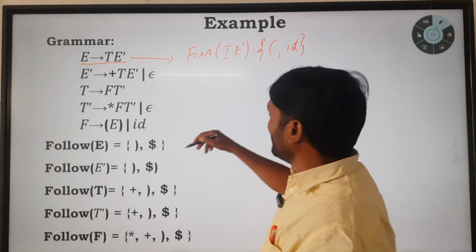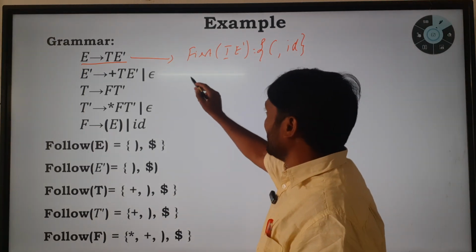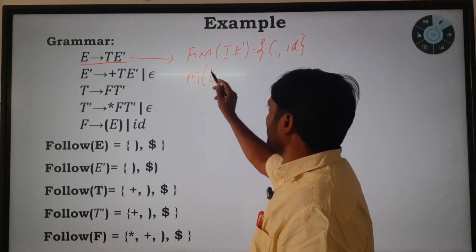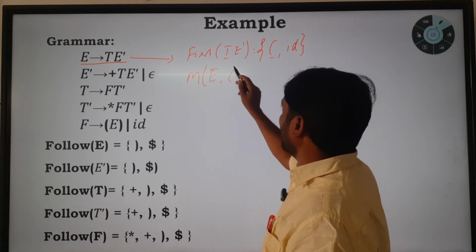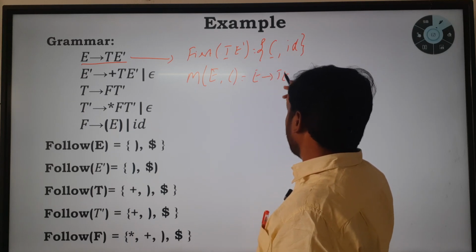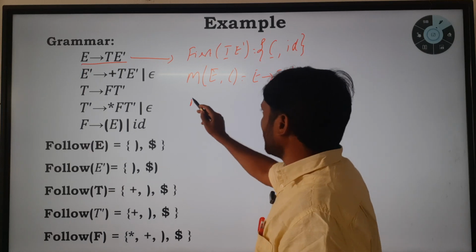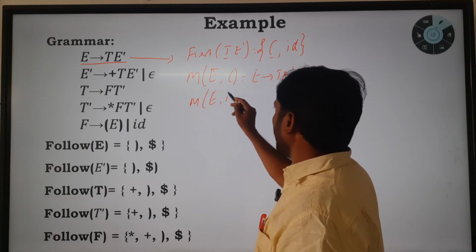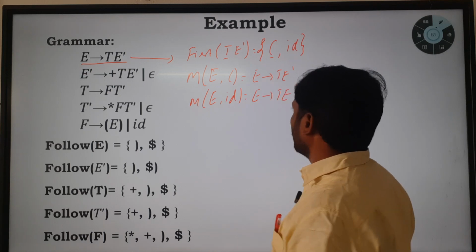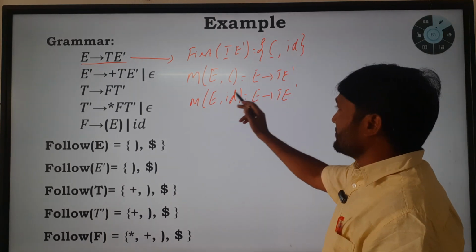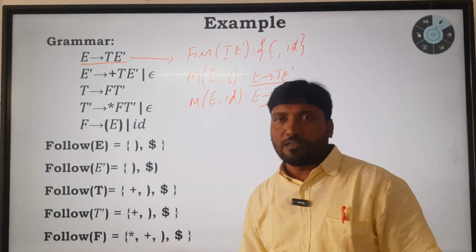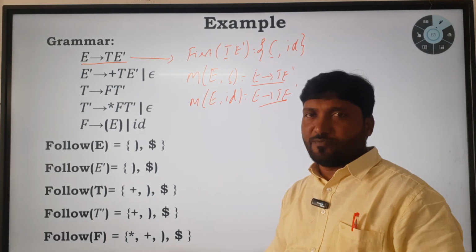That means we are going to generate entries: M of E comma open bracket is filled with E derives T E dash, and M of E comma ID is filled with E derives T E dash. So we fill these two productions for the open bracket and ID. This is the first rule.